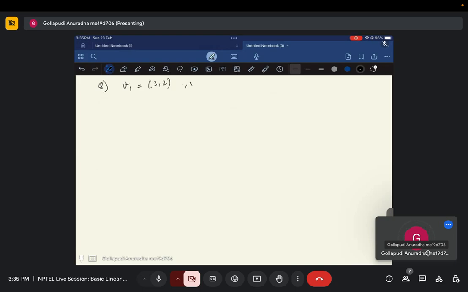So I have vectors v1 and v2 as (3, 2) and (1, 2), and the transformation I'm giving as follows. Then what is the transformation matrix? The transformation is from R2 to R2.